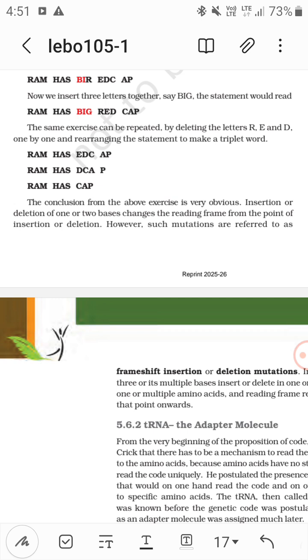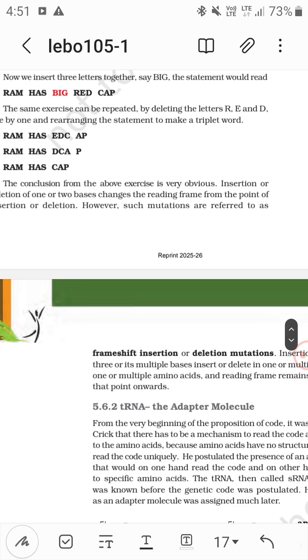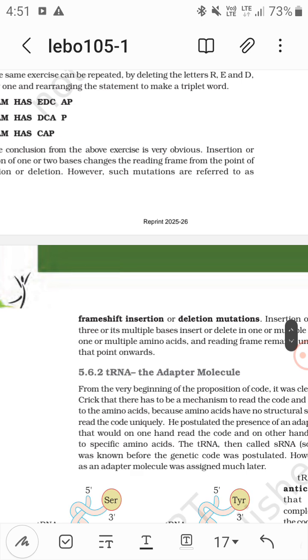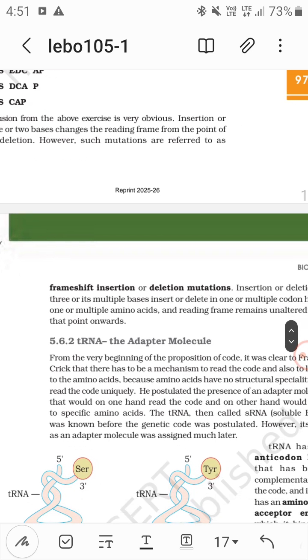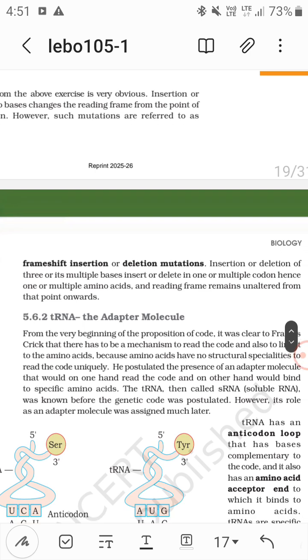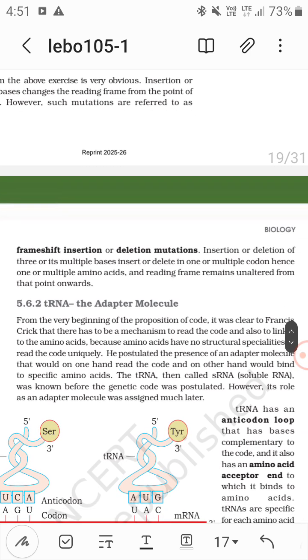Insertion or deletion of one or two bases changes the reading frame from the point of insertion or deletion. Such mutations are frameshift insertion or deletion mutations. Insertion or deletion of three or its multiple bases inserts or deletes one or multiple codons, hence one or multiple amino acids, and the reading frame remains unaltered from that point onwards.